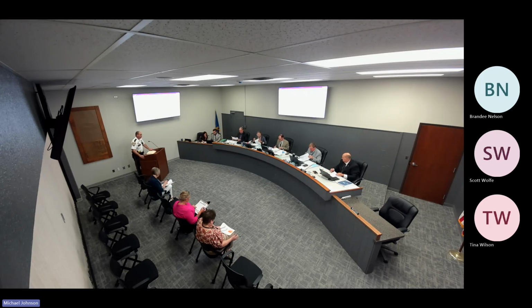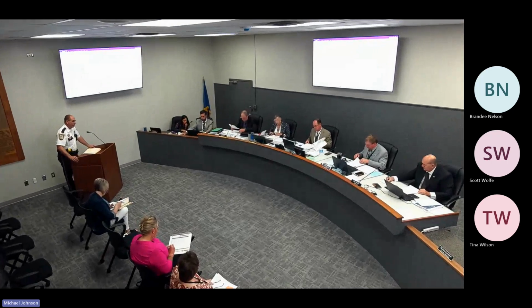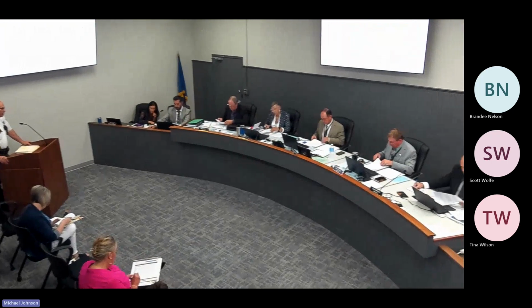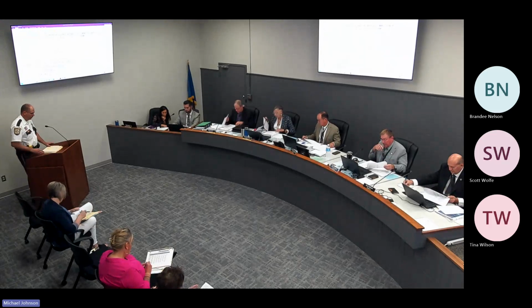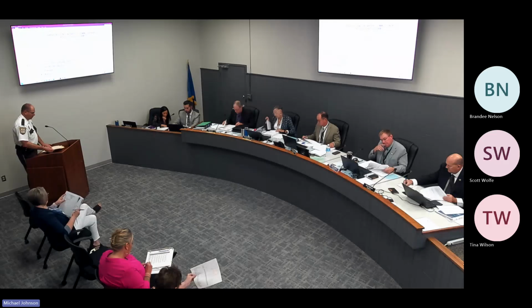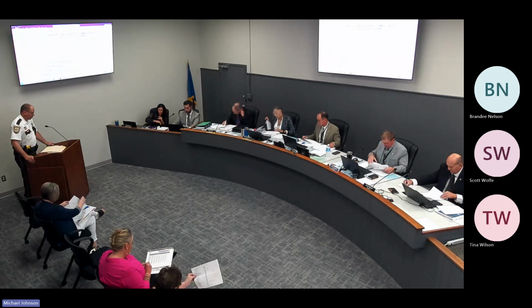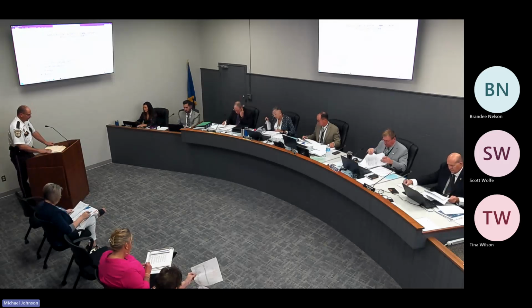I've requested 2 squad cars for 2026, and that's to stay up to date on our fleet and to replace aging squads that are high mileage or having problems and in the process costing us money mechanically. So that's a request there. It's just the 2 squad cars for 2026.